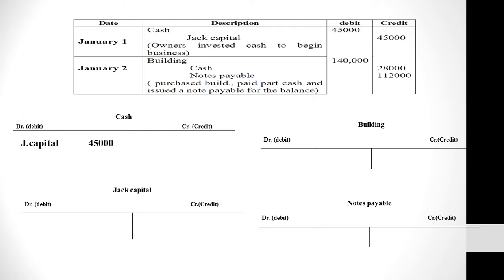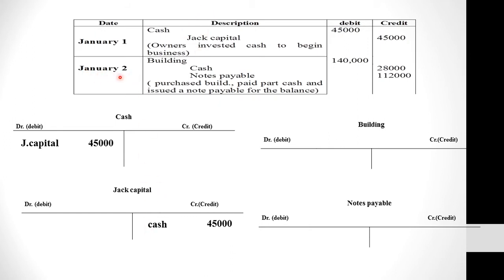Then move to capital. Capital is in the credit side with 45,000. Here is the account for capital. Within the credit side, we're going to place 45,000, and we write beside it as an explanation the opposite account within the entry, which is cash, like this. So by this we have posted the first journal entry to the ledger.